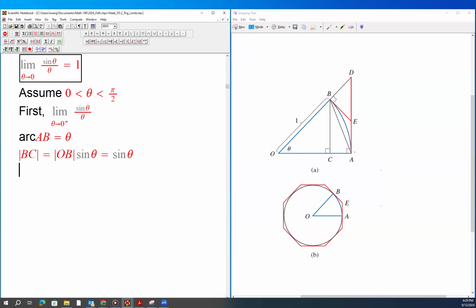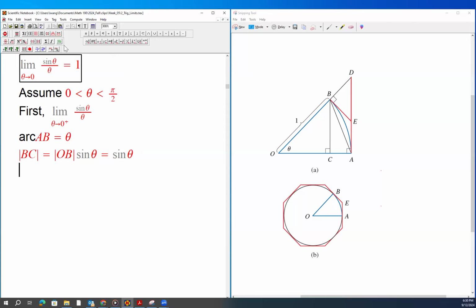AB is the line connecting A with B. If you look at this triangle ABC, BC is the leg, AB is the hypotenuse, so obviously AB is longer than BC.